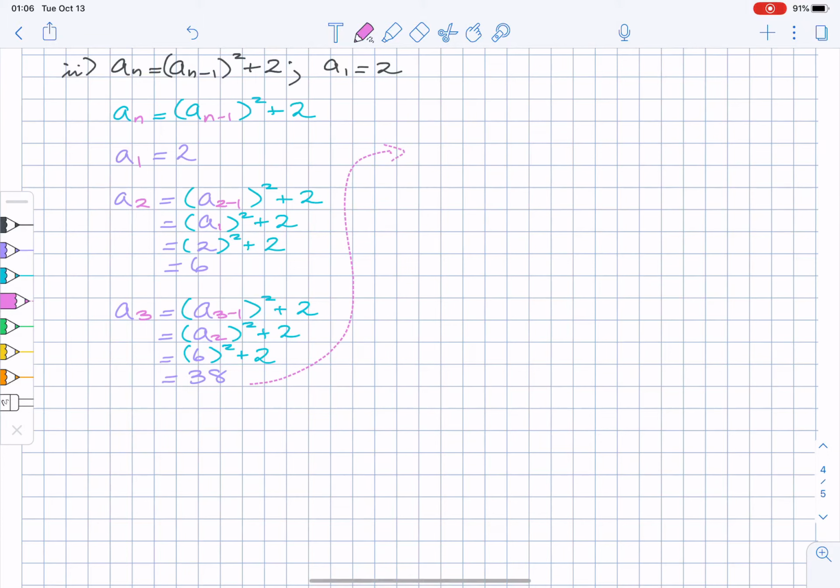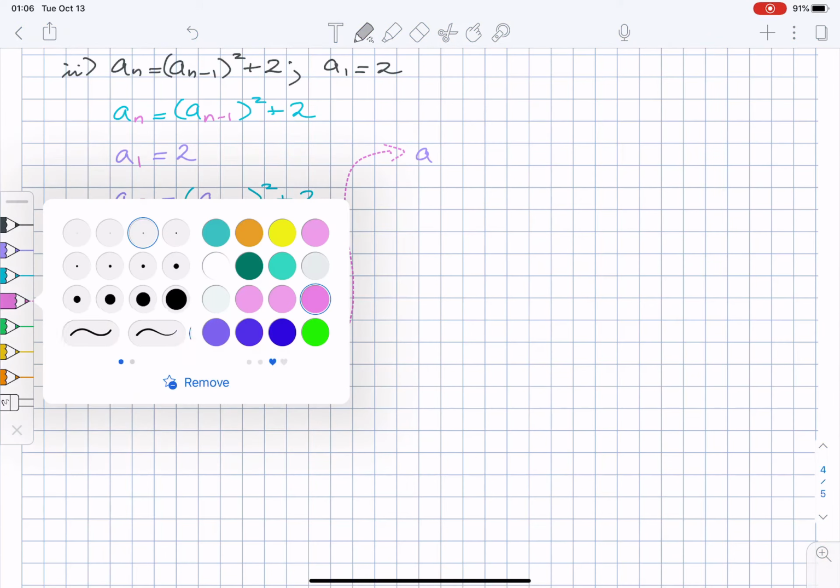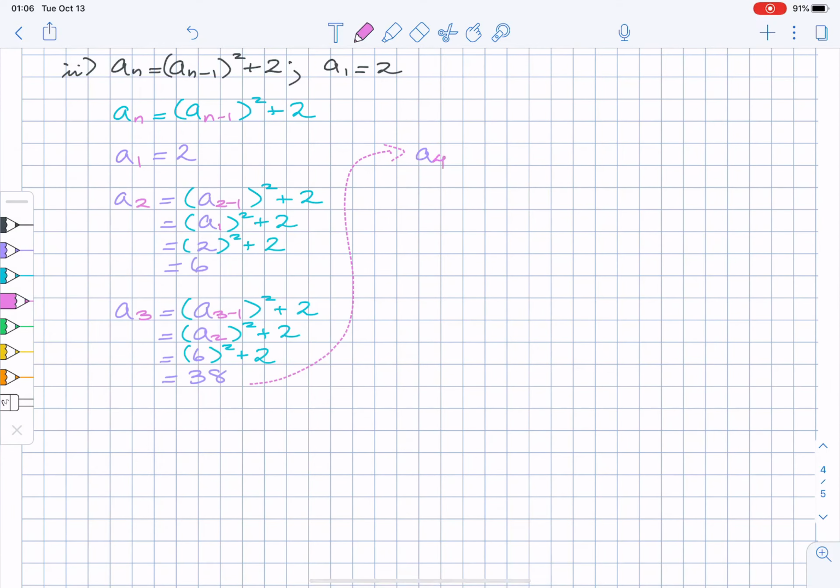let's continue. So a sub 4, that's going to be quantity a sub 4 minus 1, all squared, to which we're going to add 2. So this will be quantity a sub 3 squared plus 2.